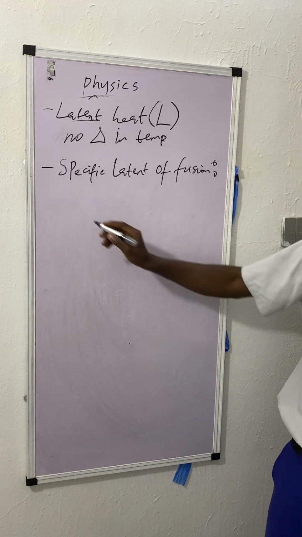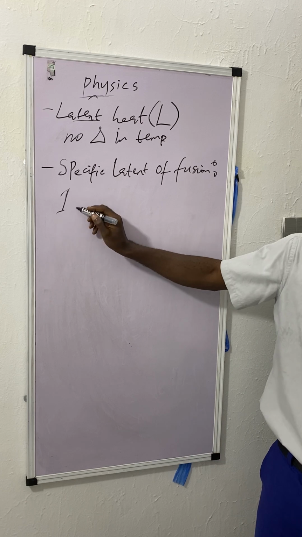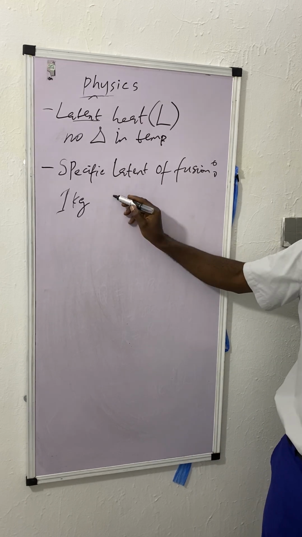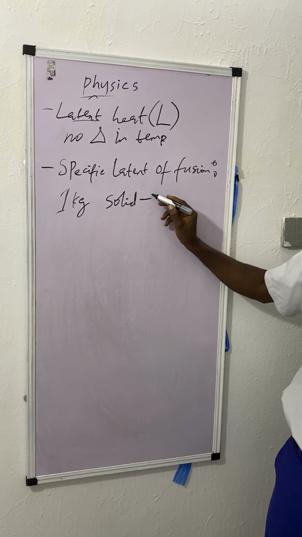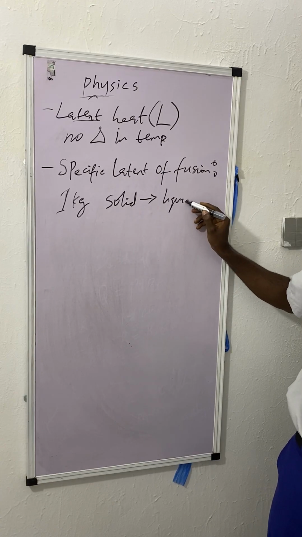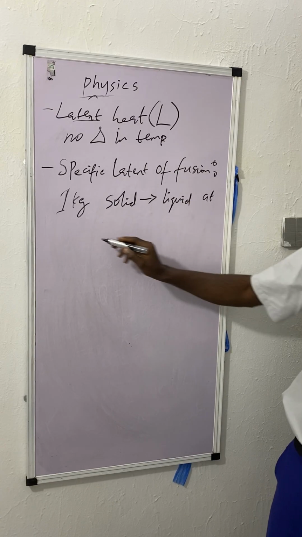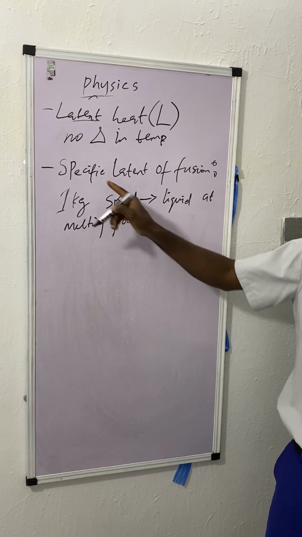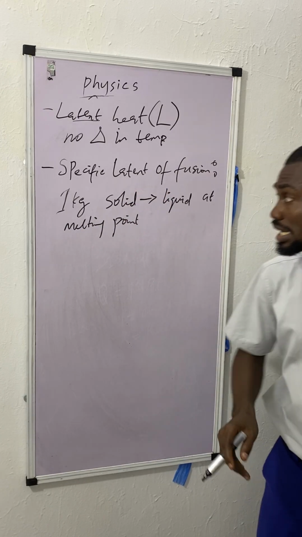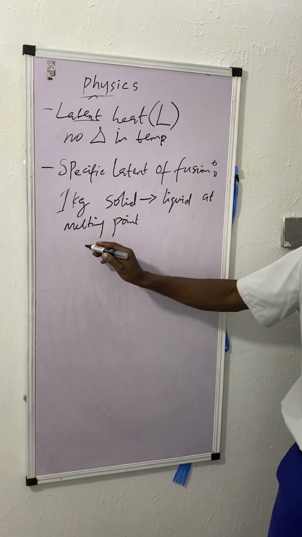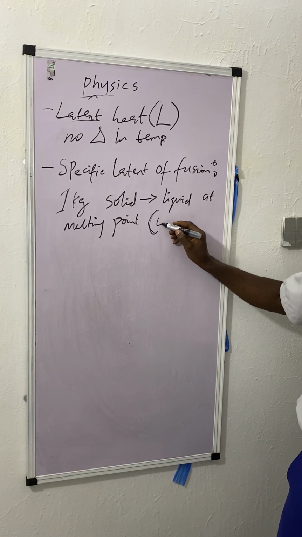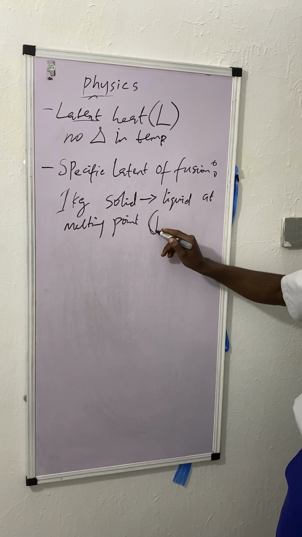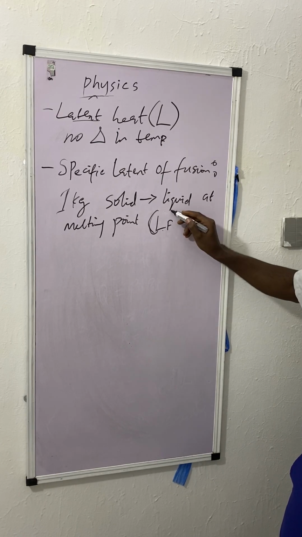So the heat required to convert 1 kilogram of a substance from solid to liquid at melting point is what is called specific latent heat of fusion, symbolized as big letter L, small letter F.